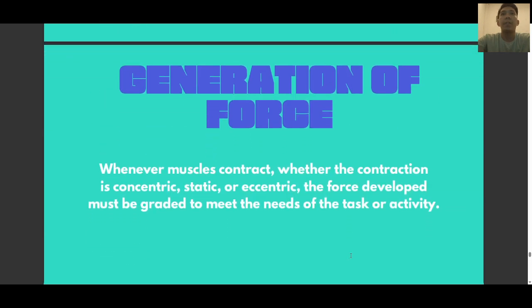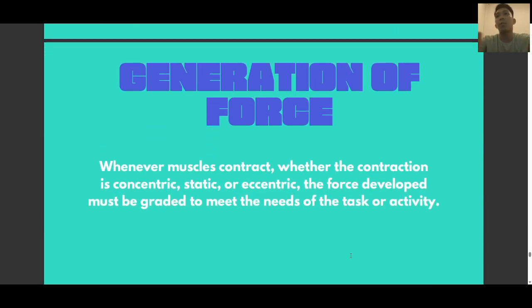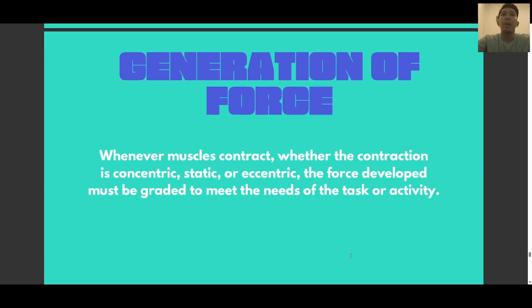Right? Okay, next is generation of force. Whenever a muscle contracts, whether the contraction is concentric, static, or eccentric, the force developed must be graded to meet the needs of the task or activity. Just for example, when we generate force in our muscle, I would like to give an example in golf.